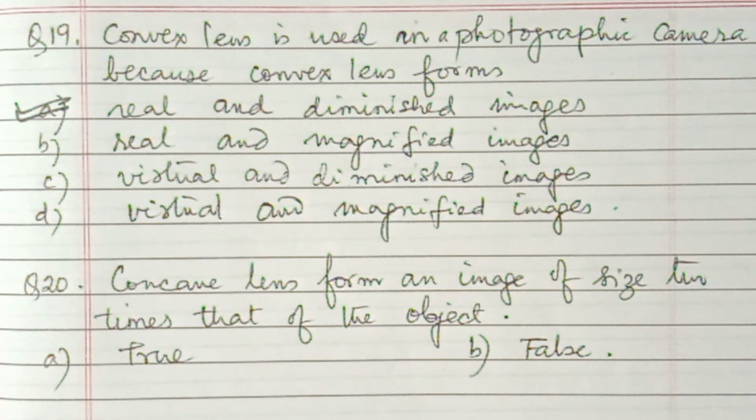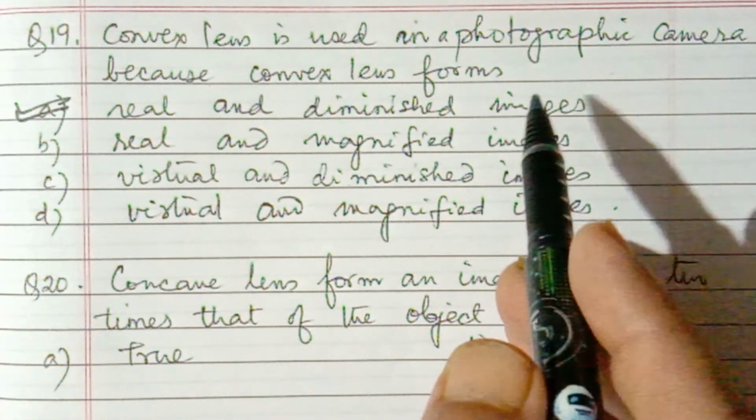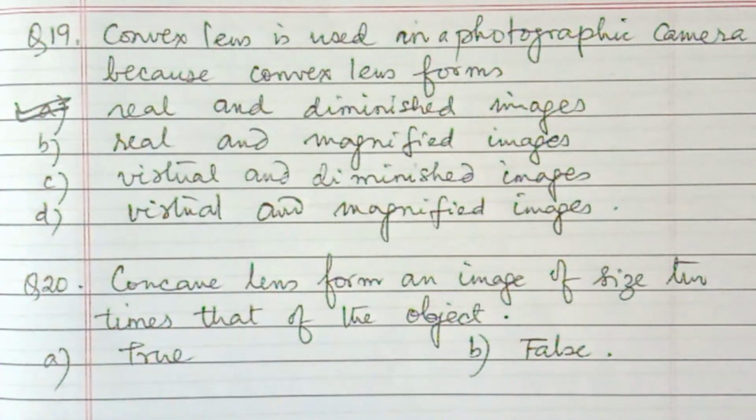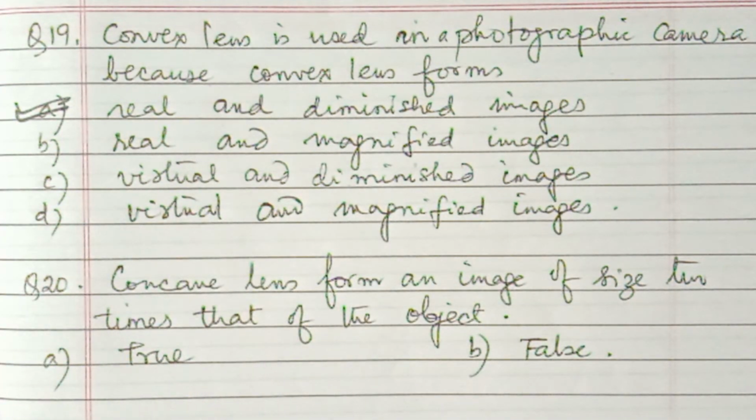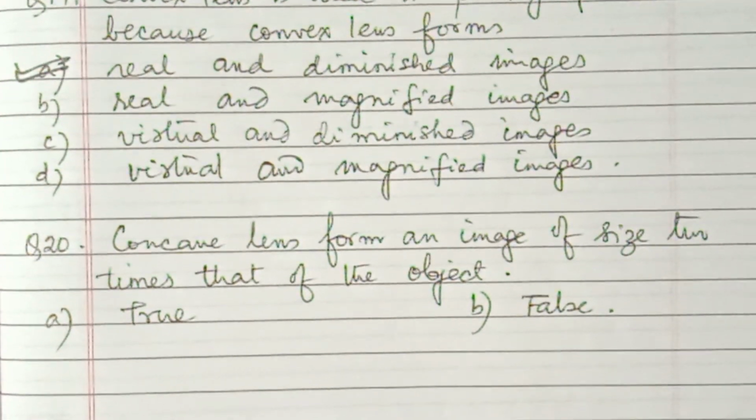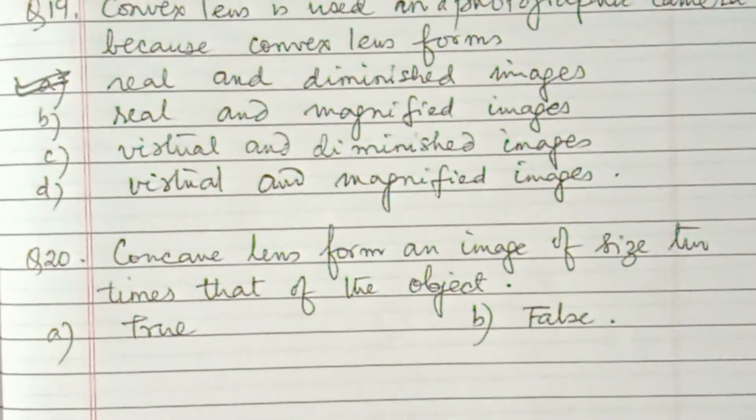So real image should be formed, and at the same time it should be diminished, so that more area can be captured. That's why real and diminished images are formed by a convex lens, that's why it is used. Whereas concave lens cannot be used because it diverges the rays and it forms virtual images. So that's why concave lens is not used.